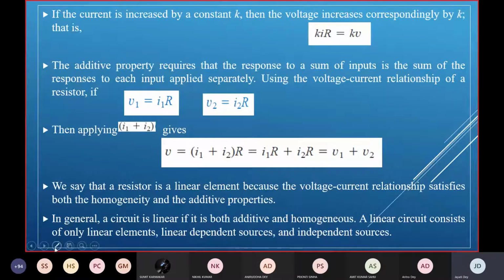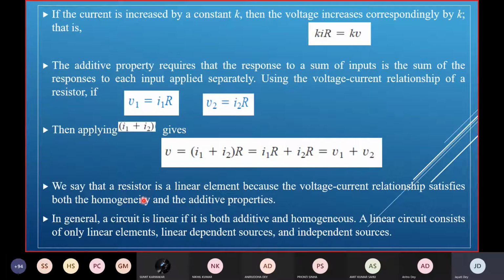See here it is written in equation form. Suppose V is the cause and I is the effect. If Kv is applied, then the effect will be Ki. Here V1 is equal to I1R and V2 is equal to I2R. So when I1 plus I2 is the cause, what would be the effect? The effect will be V1 plus V2.